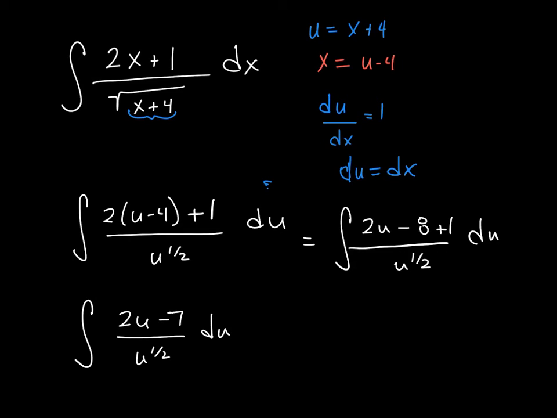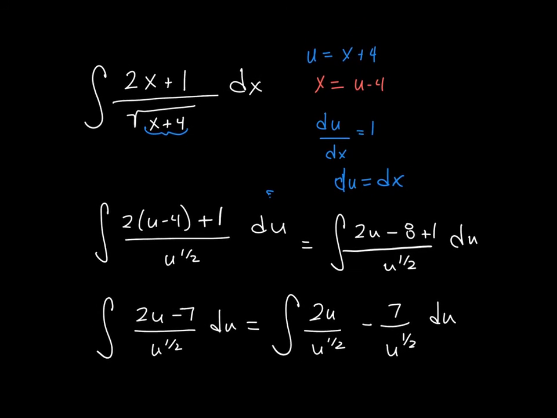So we have to break this fraction up, and we are left with 2u over u to the 1/2 minus 7 over u to the 1/2 du. Now I break that up and simplify those exponents.